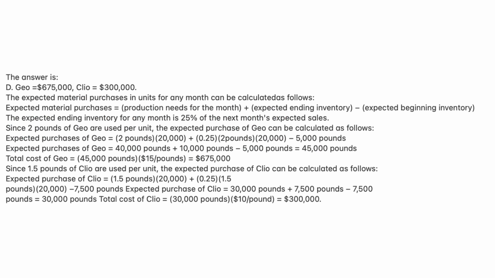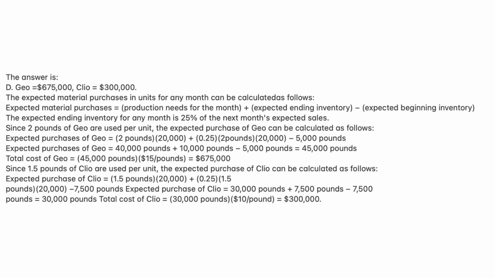The expected material purchases in units for any month can be calculated as follows. Expected material purchases equals production needs for the month, plus expected ending inventory, minus expected beginning inventory. The expected ending inventory for any month is 25% of the next month's expected sales. Since 2 pounds of Geo are used per unit, the expected purchase of Geo can be calculated as follows.